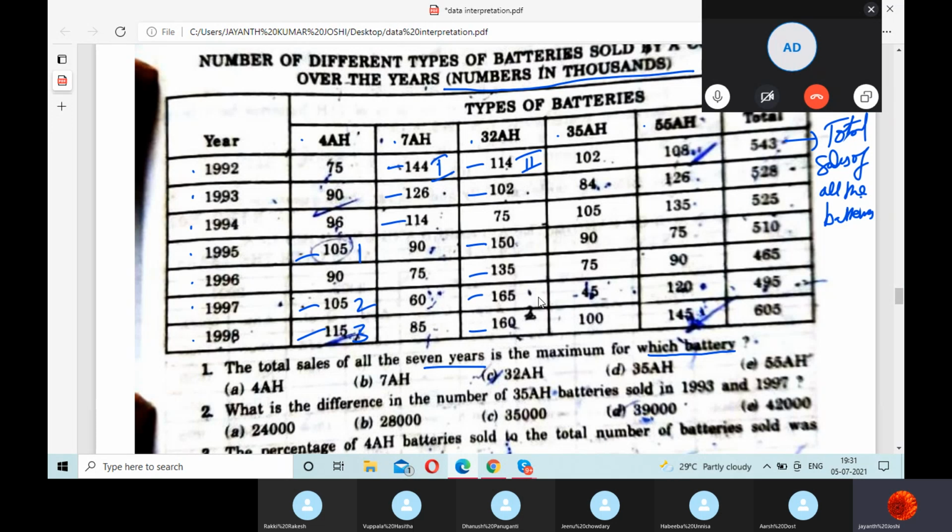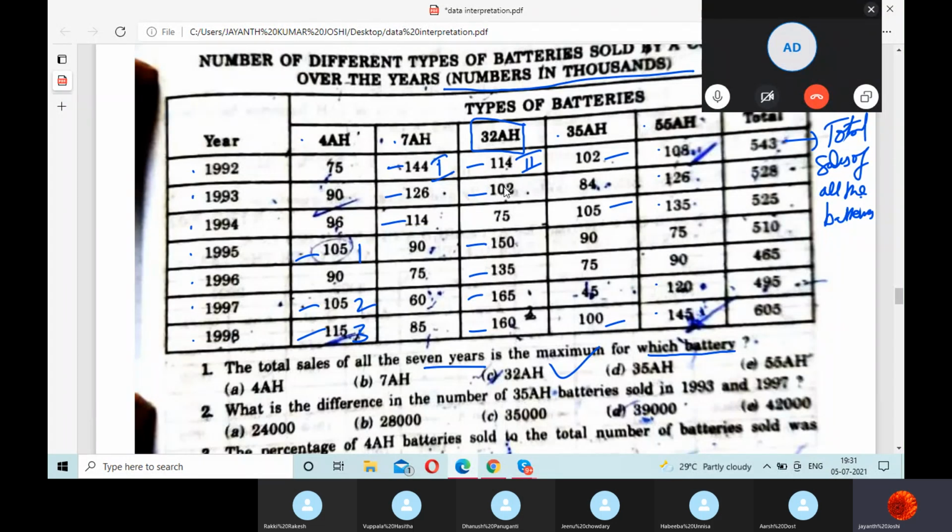Here, 1, 2, 3. Here, 1, 2, 3, 4, 5. So which one will be the biggest? What is the answer? 32. Yes, 32Ah, because this column has more bigger numbers. So sales are high for 32Ah.